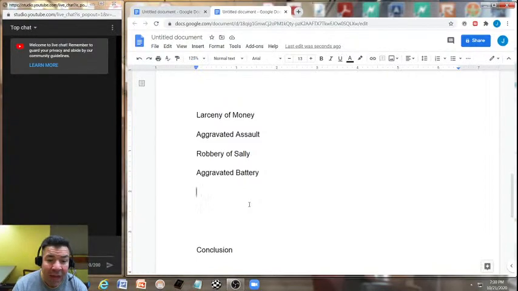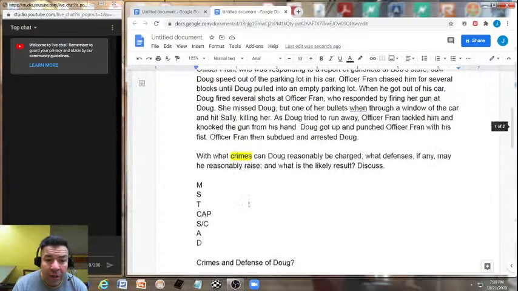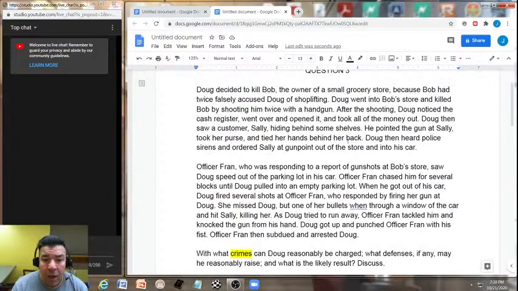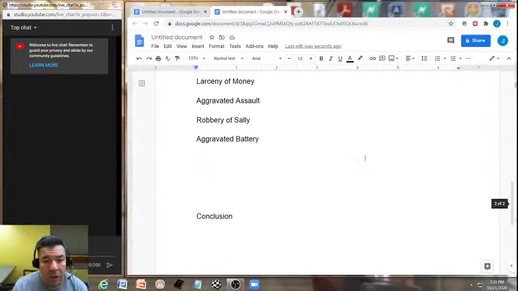That's exactly what we have here. When Doug, hearing the police sirens, ordered Sally at gunpoint out of the store and into his car, that would be the movement, the false imprisonment plus the asportation of the movement is what we call, exactly right, kidnapping.